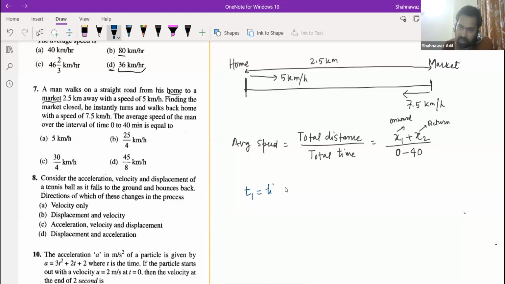So time to reach the market, how much would that be? Distance divided by speed. How much is this time? This is 0.5 hours. 0.5 hours is how much? That is 60 minutes times 0.5, so this is 30 minutes.